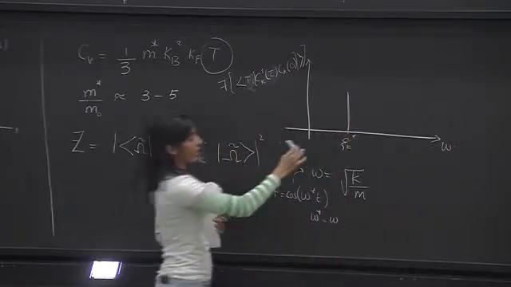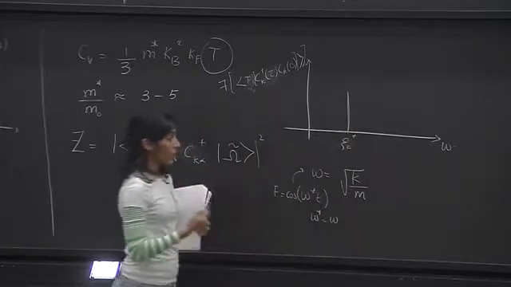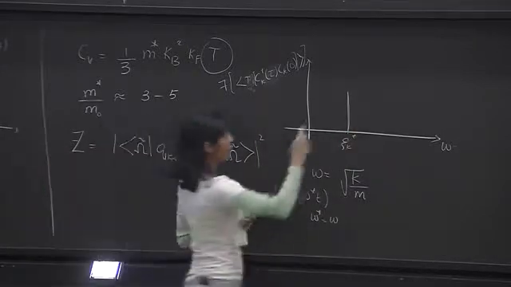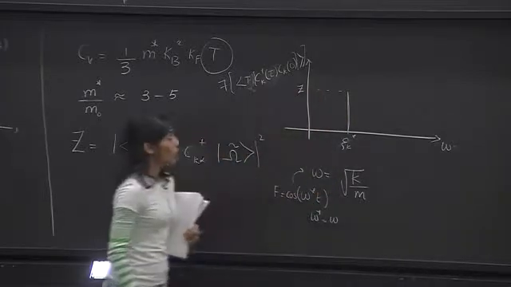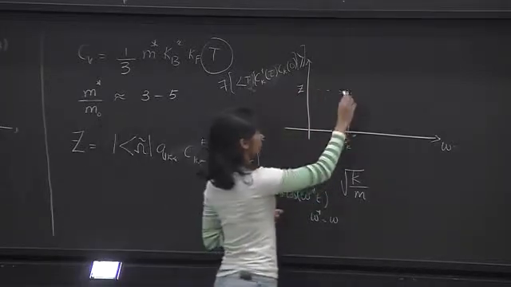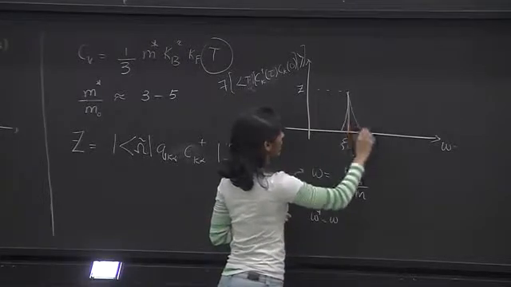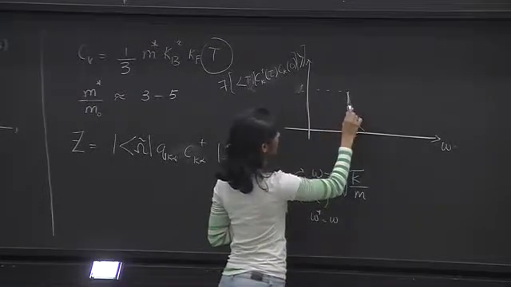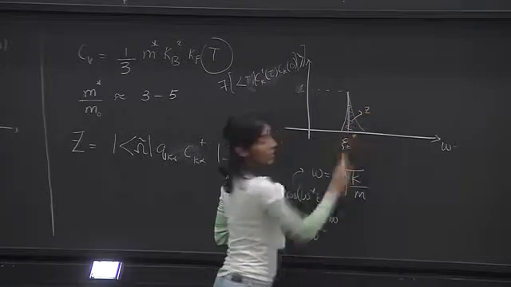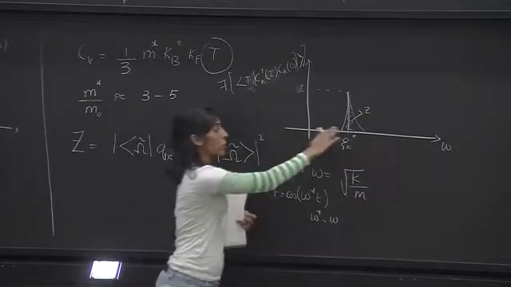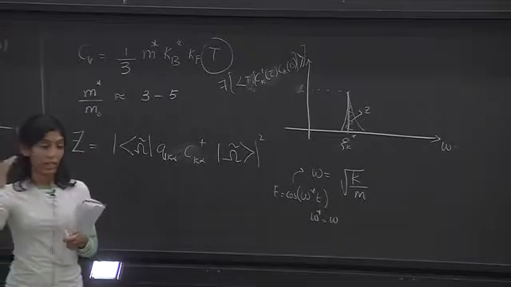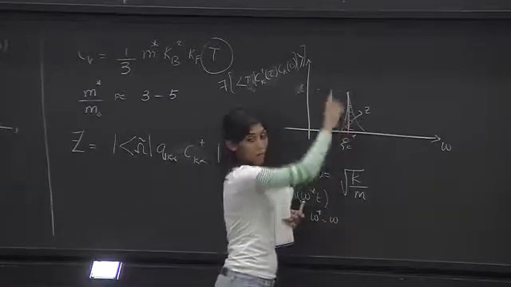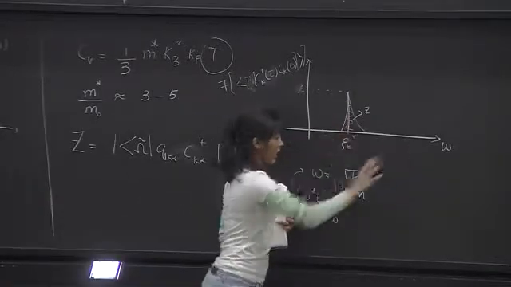What I want to tell you is that when you do experiments on these systems, you actually find that there is a peak, well, actually it's spread out a little bit, of area Z, and it's interpreted as the presence of a quasi-particle, because a quasi-particle is a sharp resonance in this spectral function.